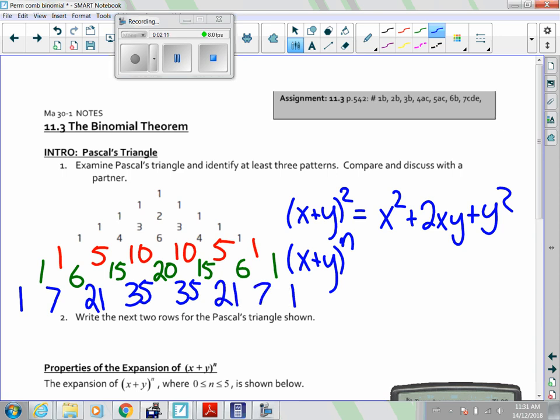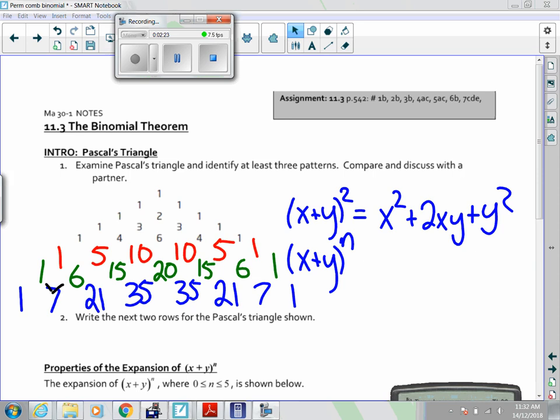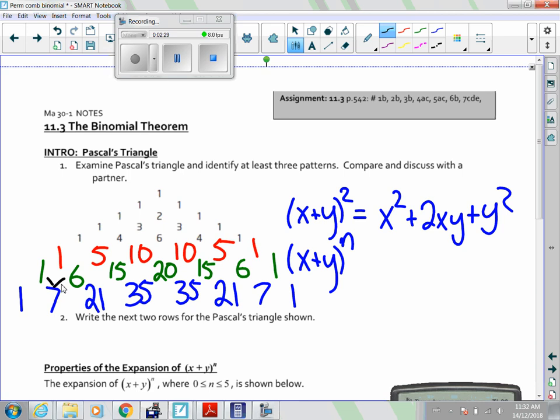Now, with any luck, we're starting to get close to seeing it. What I want to do is point it out right now. This 7 comes from that 1 and that 6. Sorry to pause there, I was making sure my pen is going to the right place. This 21 comes from 6 and 15.